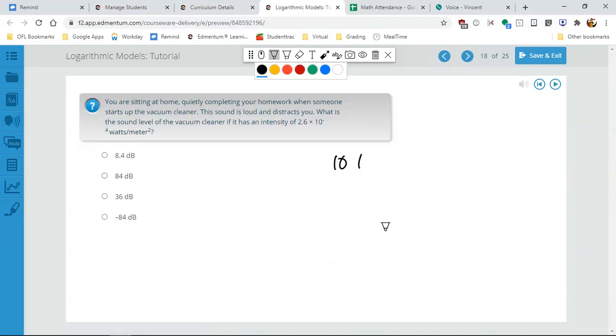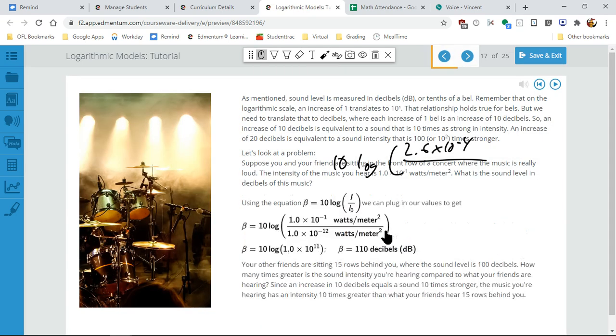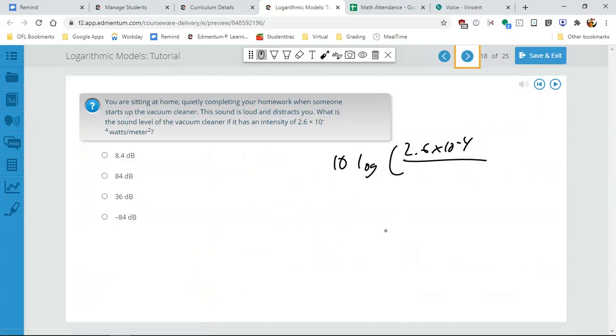So 10 log of this 2.6 times 10 to the -4 watts divided by, sorry, I'm going to have to keep going back and forth, guys, divided by 10 to the -12, or 1 times 10 to the -12, however you want to write this down. This is going to tell us how many decibels this is.